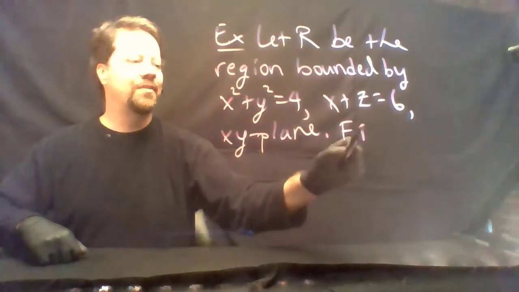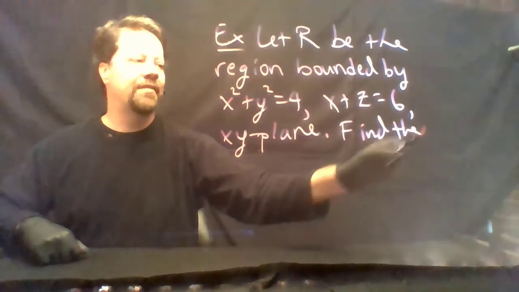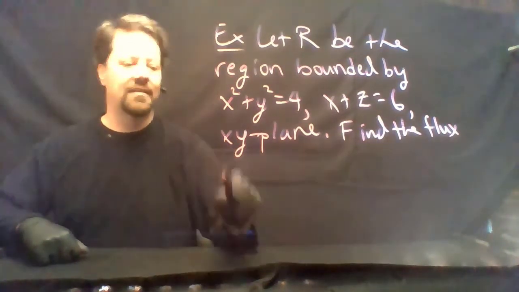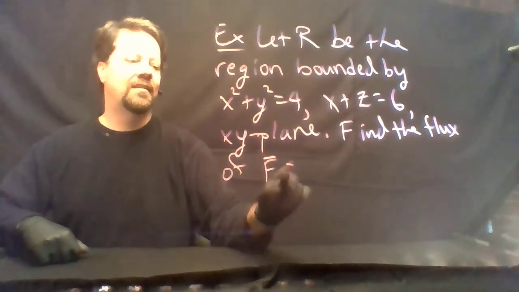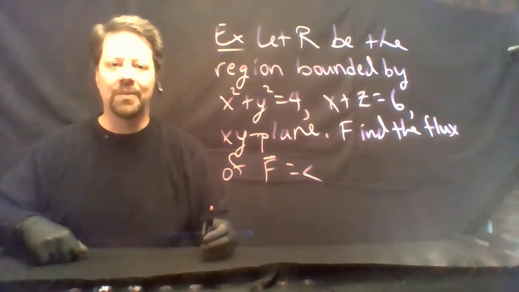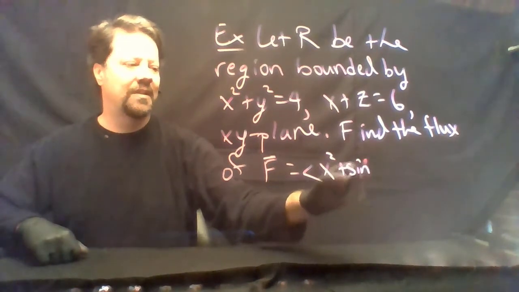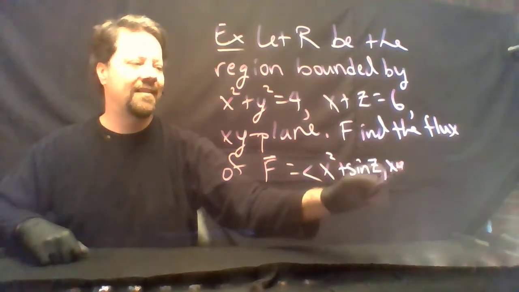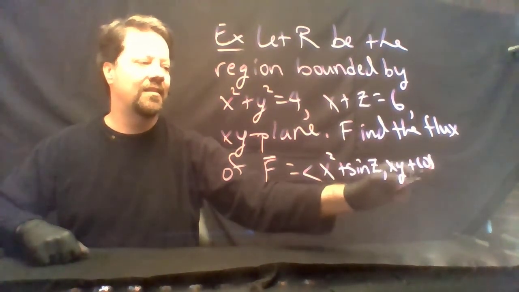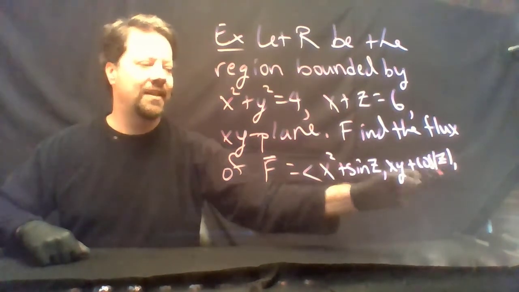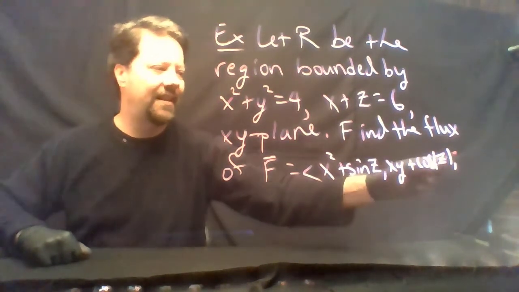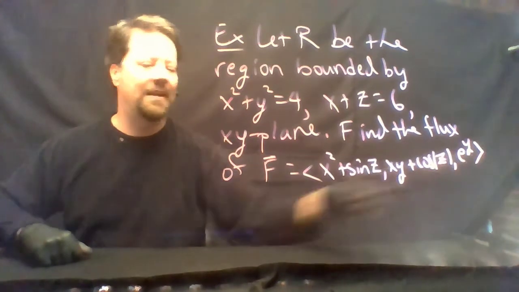I want to find the flux of the vector field F equals (x squared plus sine of z, xy plus cosine of z, e to the power of y).